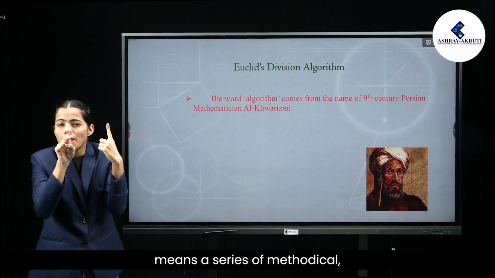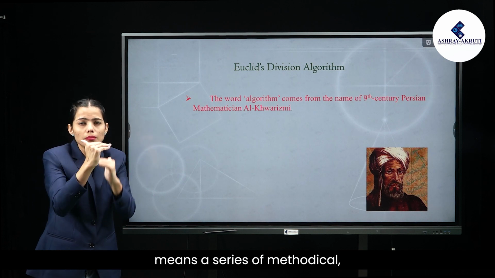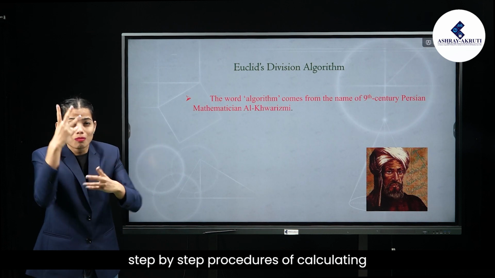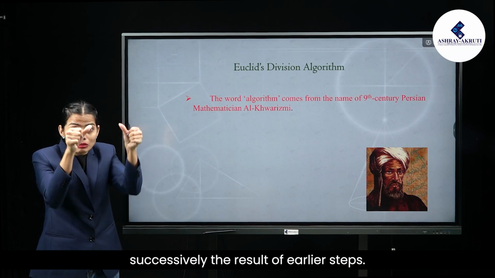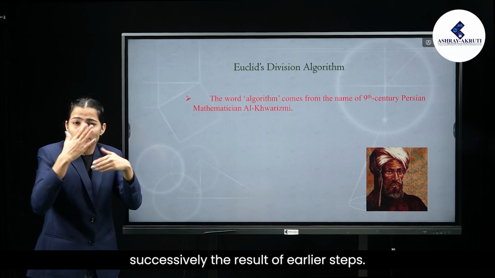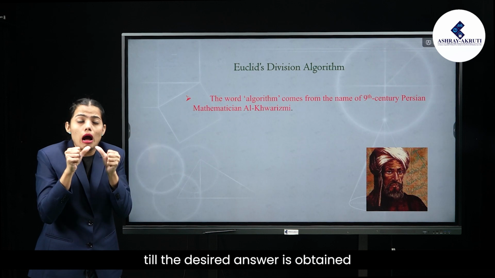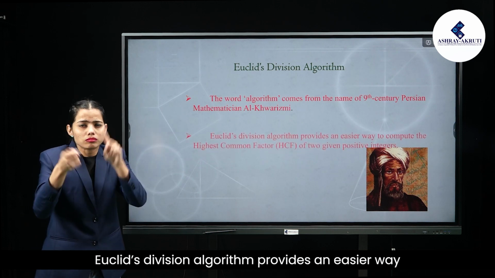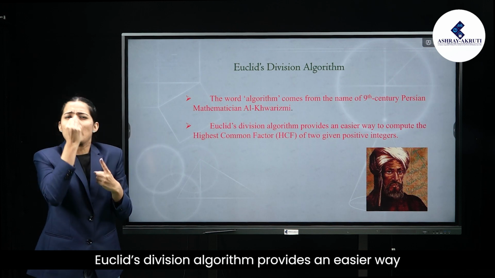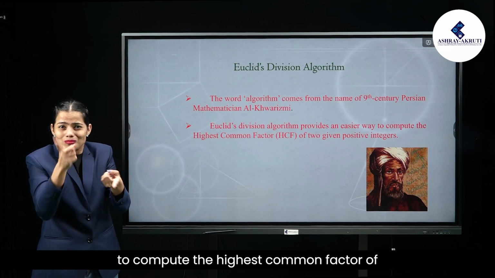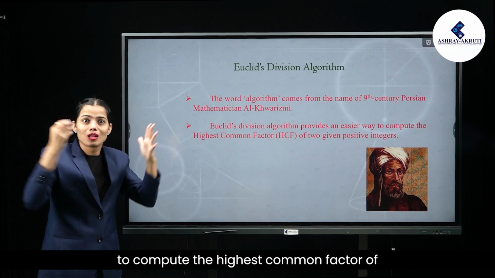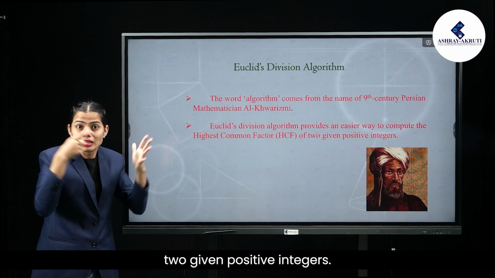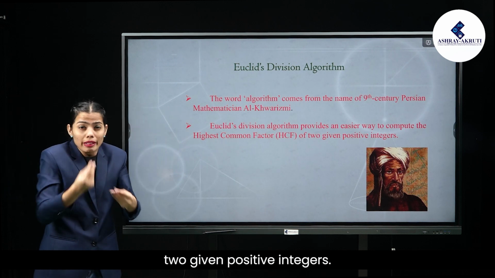An algorithm means a series of methodical, step-by-step procedures of calculating successively the result of earlier steps till the desired answer is obtained. Euclid's division algorithm provides an easier way to compute the highest common factor of two given positive integers.